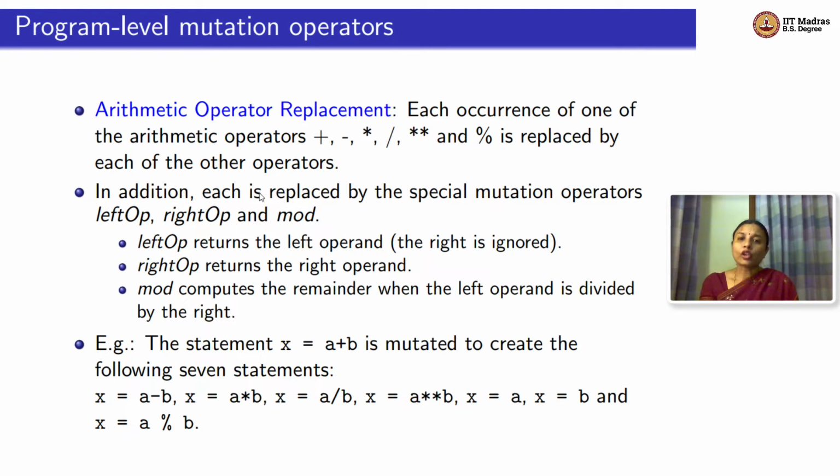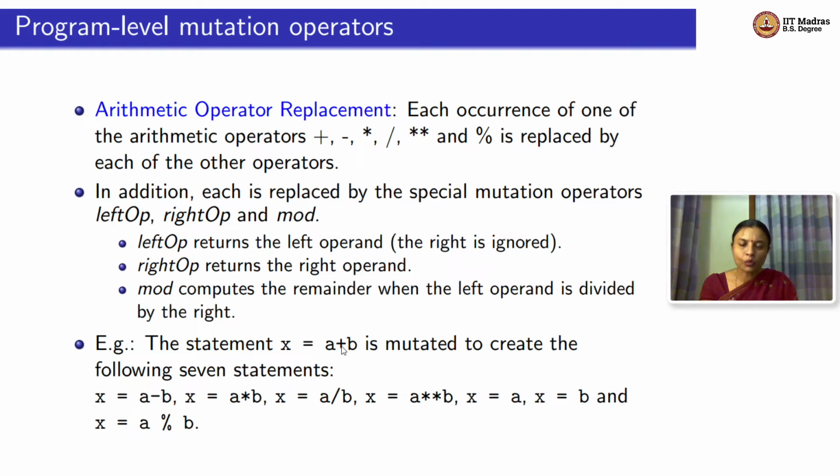In addition, I can also do special kinds of mutation operators. Each arithmetic operator is a binary operator, right? So it has 2 operands, a left operand and a right operand. So there are special mutation operations that help us retain only the left operand or only the right operand, or modulus, which computes the remainder when the left operand is divided by the right, and so on. So for example, suppose I had a statement x is equal to a plus b. I can use arithmetic operator replacement, replacing this single arithmetic operation, plus, with the other kinds of arithmetic operators.